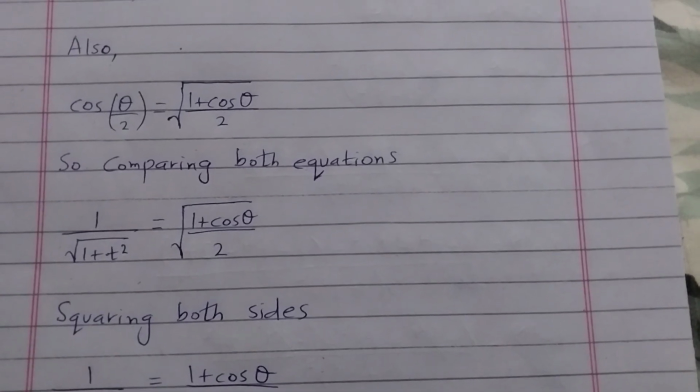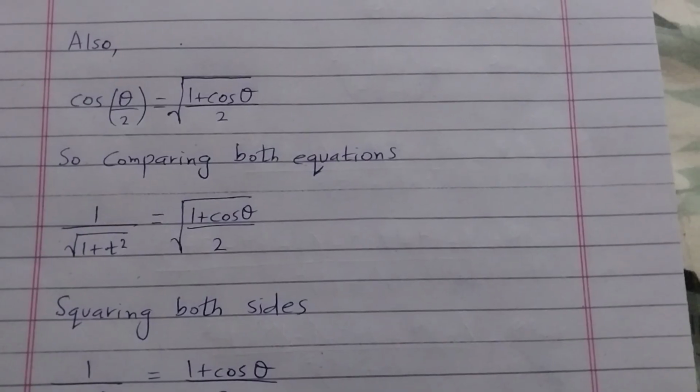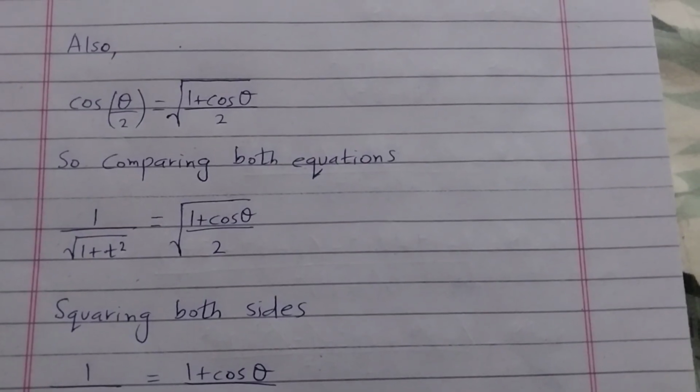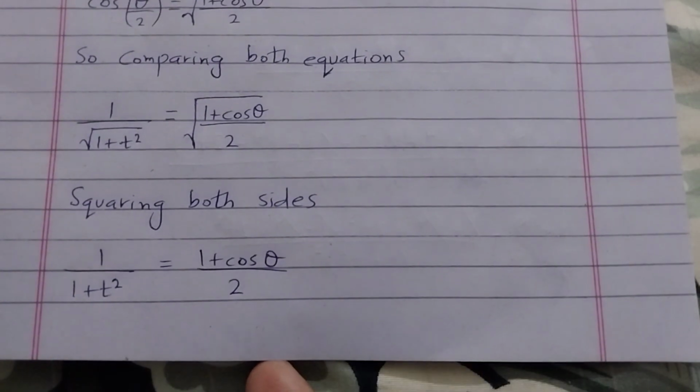So we are interested in cos theta. So we'll square both sides to get rid of the square roots. So squaring both sides, we get 1 over 1 plus t squared is equal to 1 plus cos theta over 2. So we just need to find the value of cos theta from this equation.